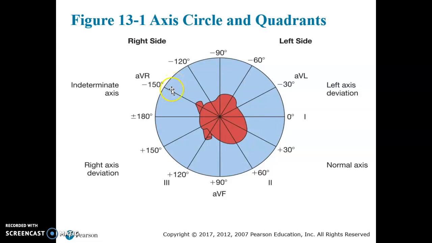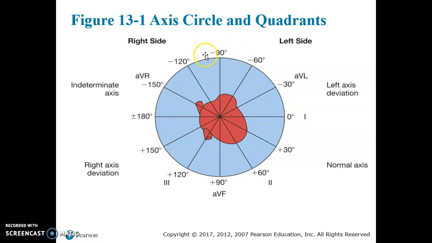You need to understand this, and you need to know this table when we're determining axis deviation, okay? And we're going to flip back to this when we're doing some practice strips. But right now you need to know this: positive or negative 180, 0 degrees, positive 90, and negative 90. Draw an X, this line and this line.